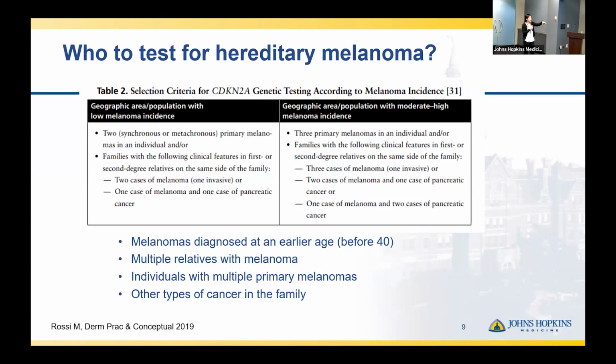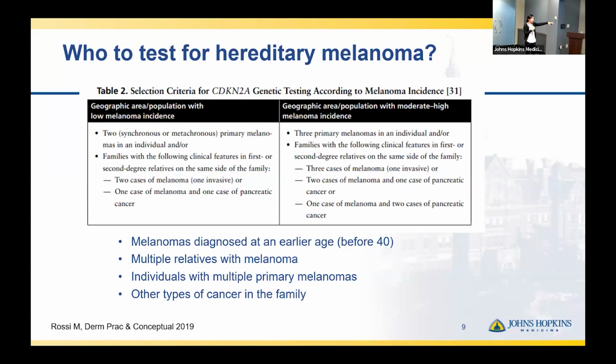But in high melanoma incidence areas, basically, if you have had melanoma 3 times, 3 primary melanomas, or families with certain clinical features in first or second degree relatives. So family history of melanoma, or pancreatic cancer, because CDKN2A can also increase the risk of pancreas cancer.